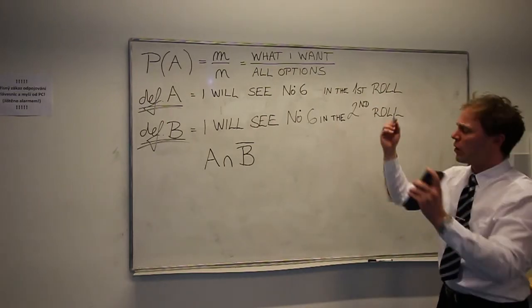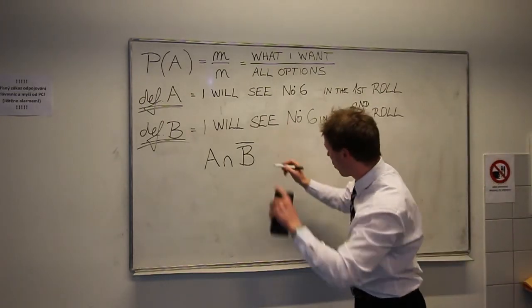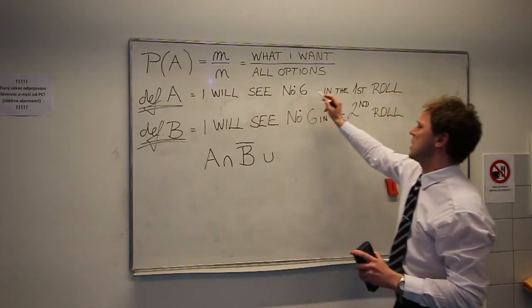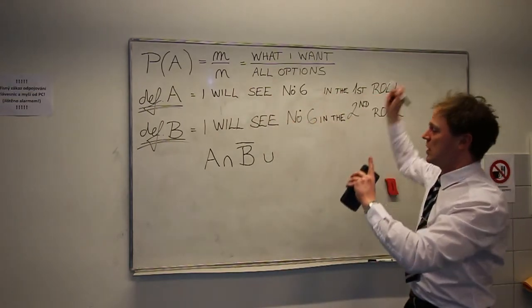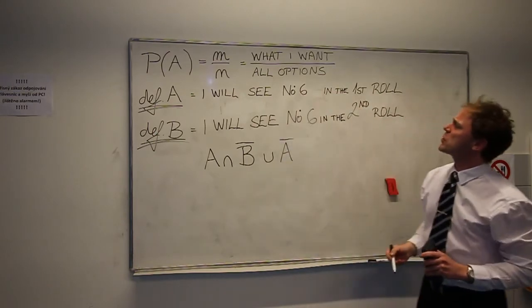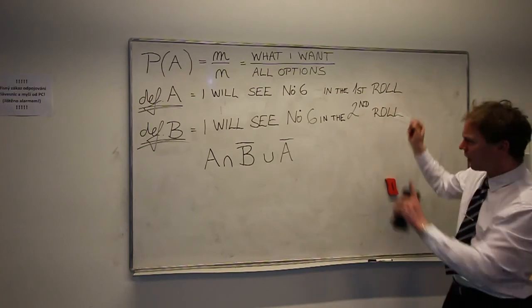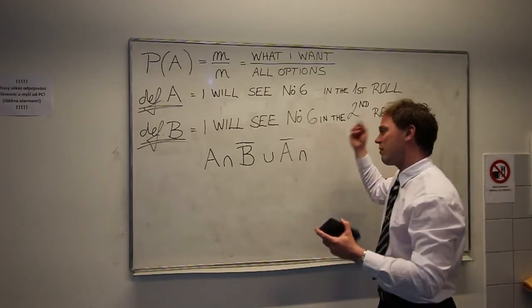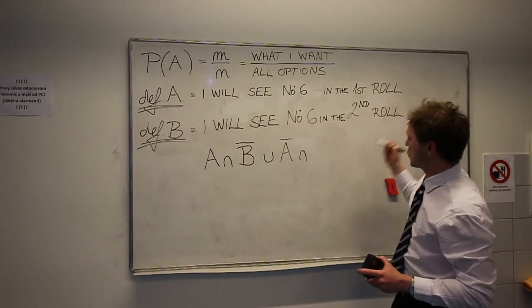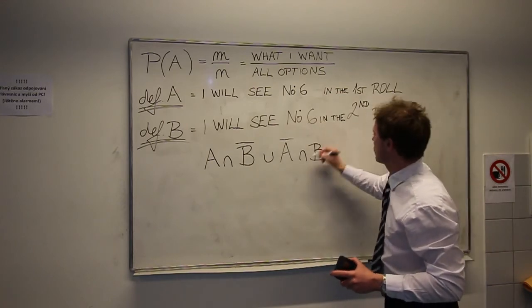So this is one option, yes. Or I will be happy if I will see position 6 in the case of first roll, and I will be happy if I will see value 6 in the case of second roll, so random event B.